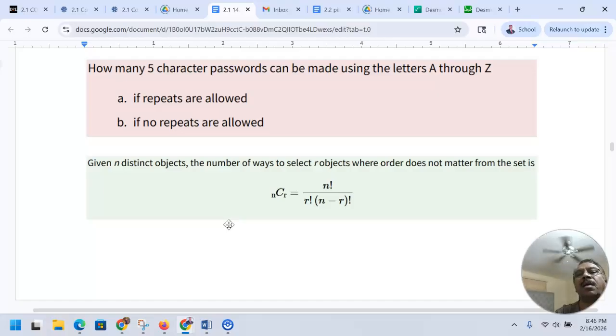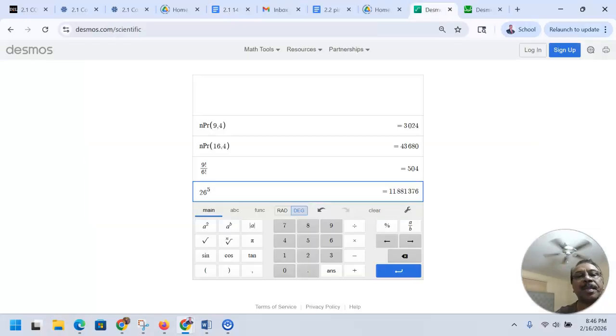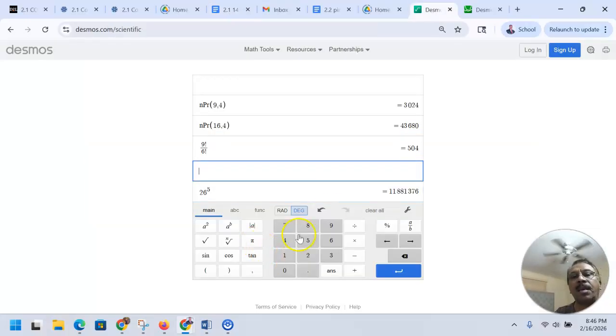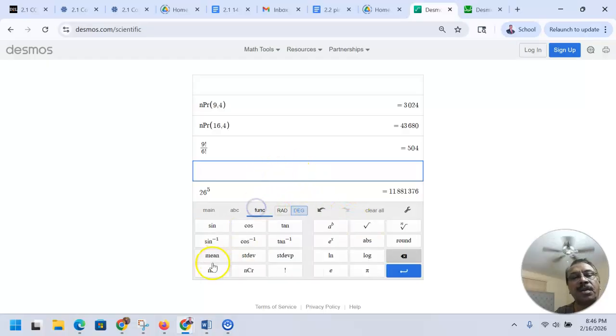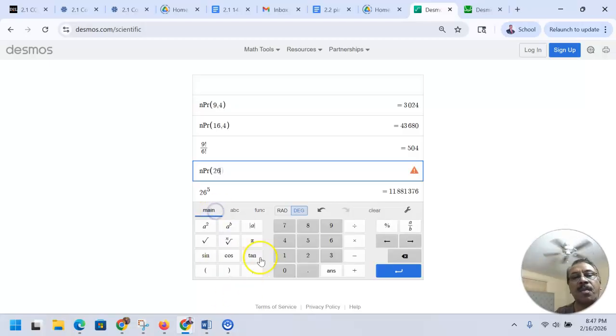So we just click on the calculator here, and go to the function nPr. You have 26 here, then a comma, and then 5, and you get about 7 million.